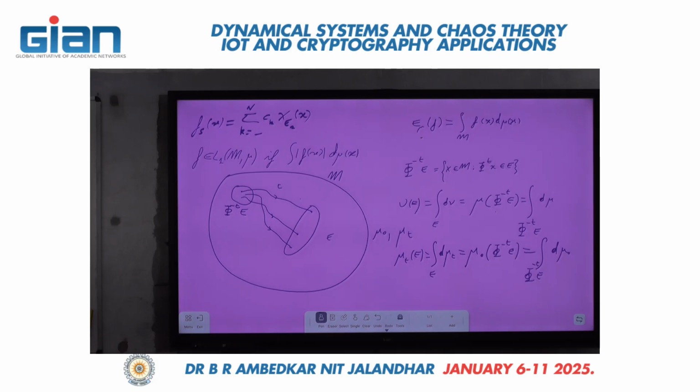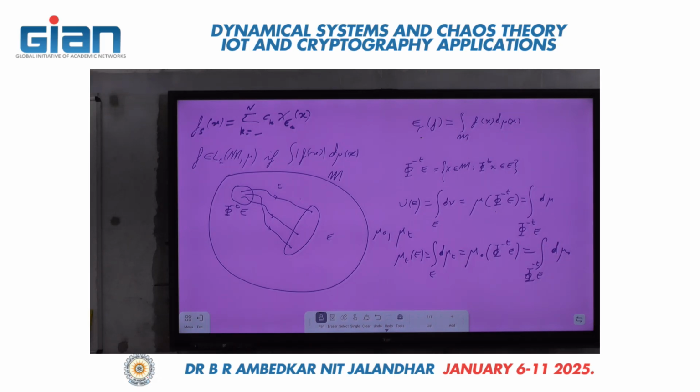We will define the expectation at time t of my observable O as the integral over all space M of the observable O of x integrated with respect to the probability at time t.